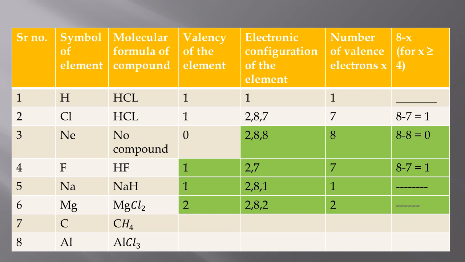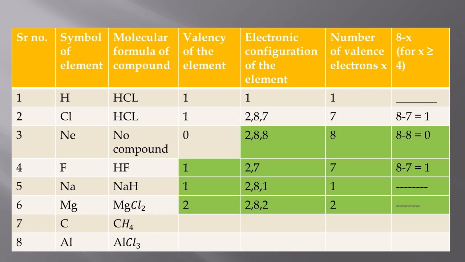Let's start with the first element, that is hydrogen, H. The molecular formula of the compound is HCl, hydrogen chloride. The valency of the element is 1.